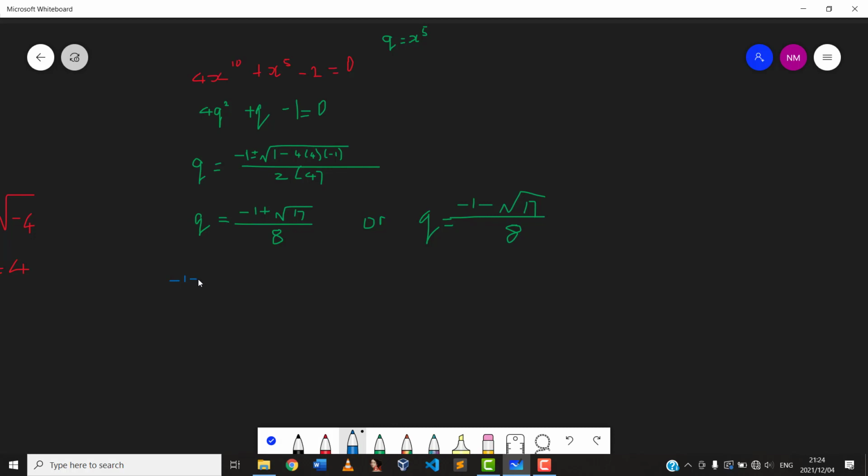So let's write that out here. Equals x to the power of 5. And then this is actually pretty simple at this point. All you do is you do a root 5 to both of them. So x to the 5 is equal to this whole thing, so minus 1 plus square root of 17 over 8.